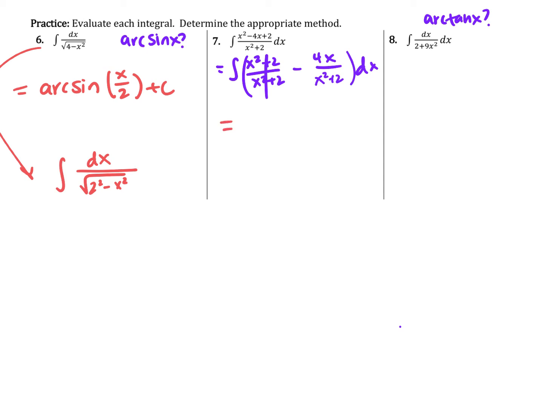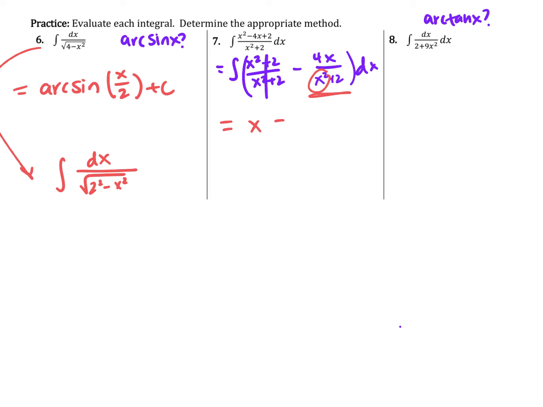Number 7, this first piece of the integral is going to become 1x when I find the antiderivative. And then this piece here looks like natural log, and it looks like I could just reverse the chain rule, and you're more than welcome to show u substitution if you need to for that piece. I'm going to just reverse the chain rule. The derivative of x squared plus 2 is going to be 2x, and I have 4x, so I have an extra 2 here.